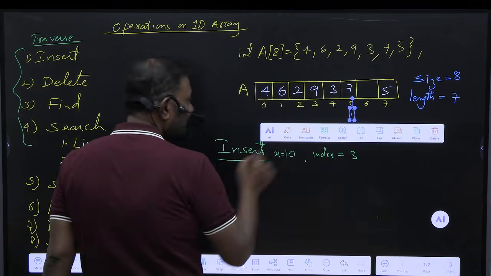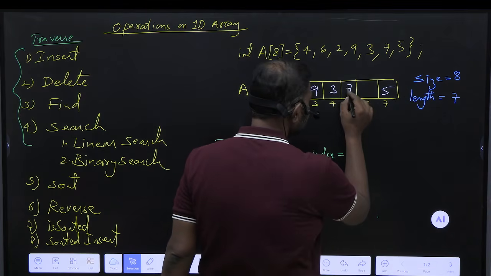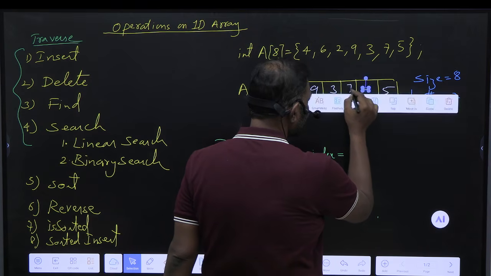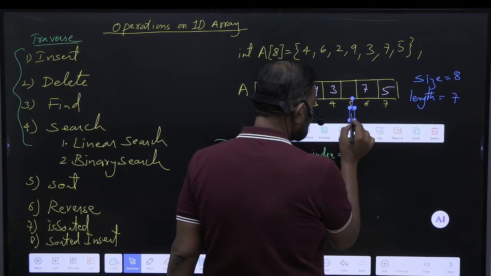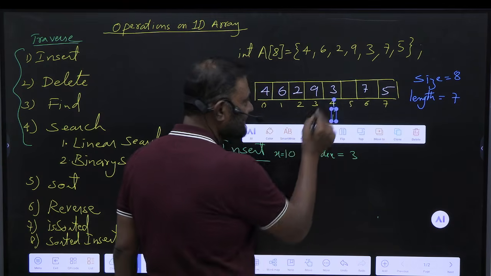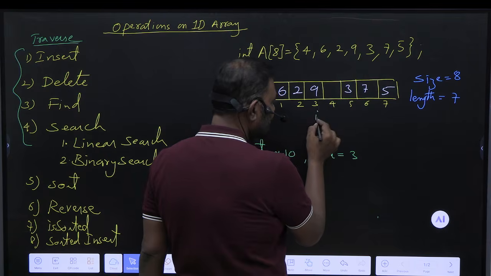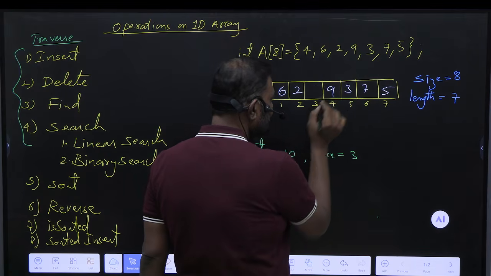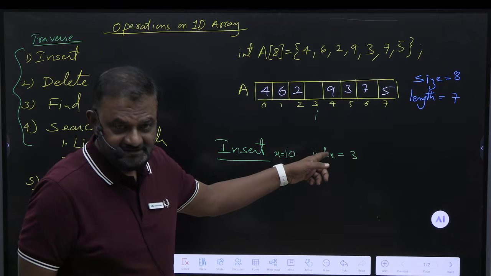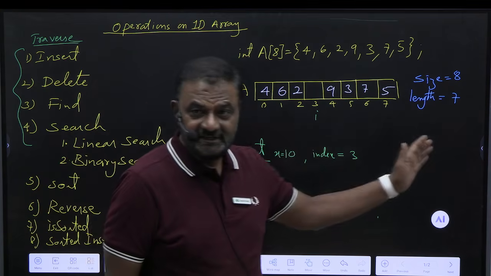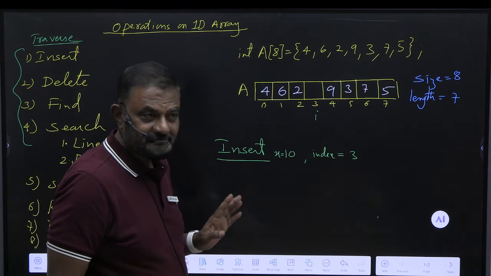Decrement I. Then shift 7, then decrement I. Then shift 3, then decrement I. Then shift 9. That's all. Have we reached that index 3? Yes. So first I have to shift all the elements until I reach that index. Then I can write down the value 10 here.